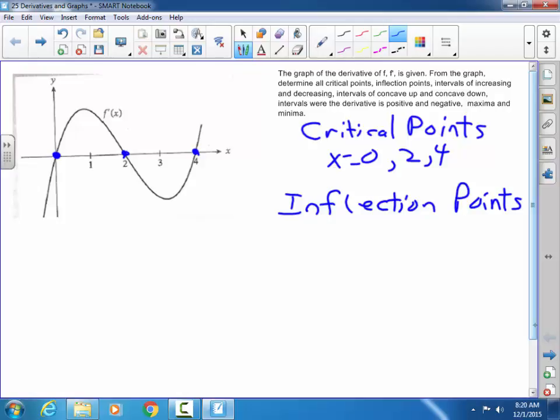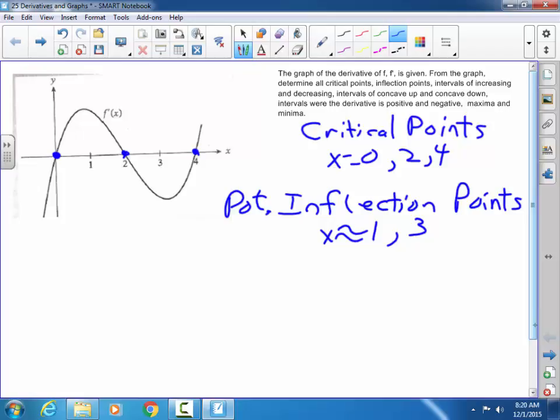So we've got 1 and 3 as potential inflection points, okay? We don't know that they are inflection points until we determine something about the concavity of it, truthfully. But we know that much. Does everybody agree with that?